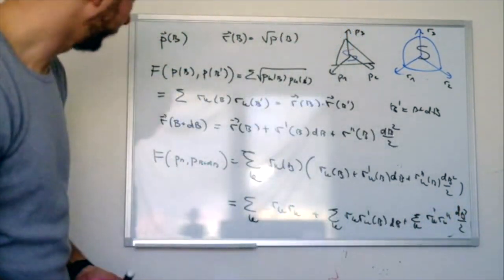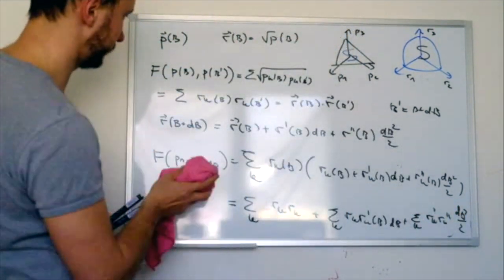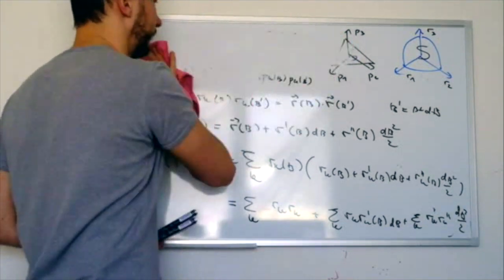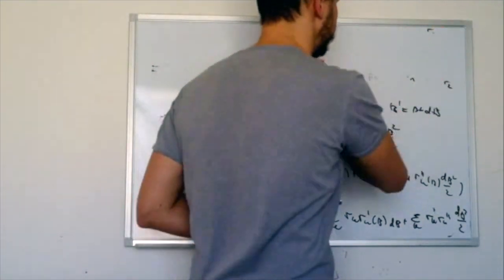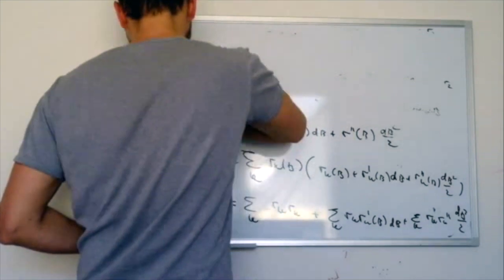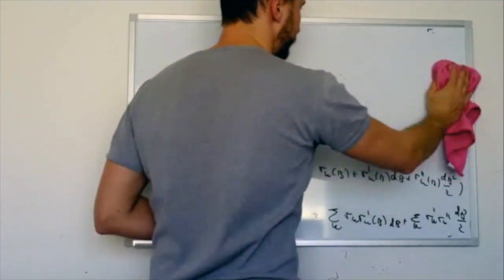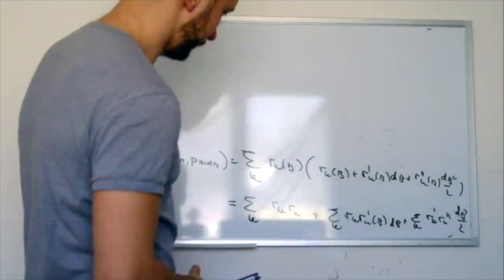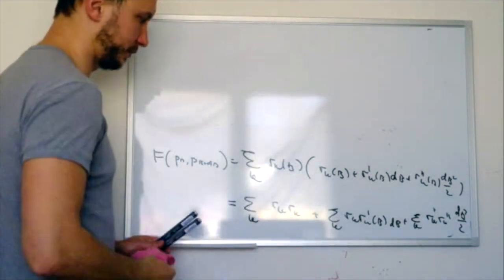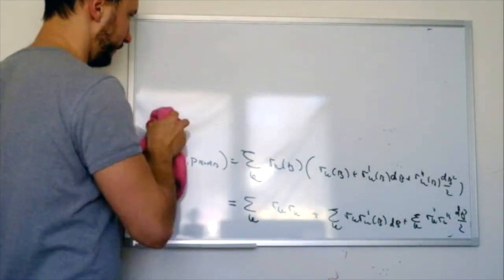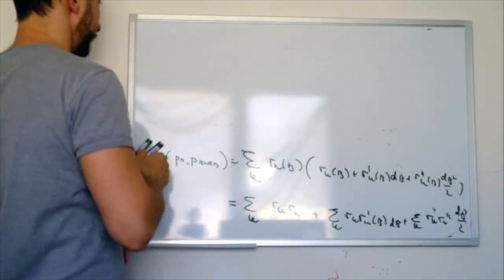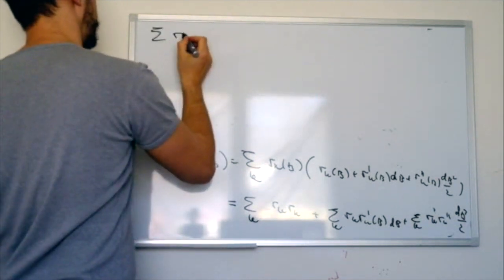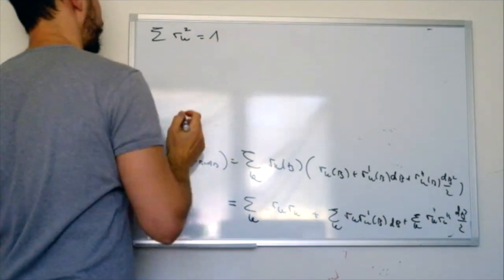A little bit lengthy, but very simple. You directly see that the zero order term is just 1. This is the sum of rk squared, which is precisely the sum of pk's, the sum of probabilities. So it is normalized, and the sum of rk squared is equal to 1.